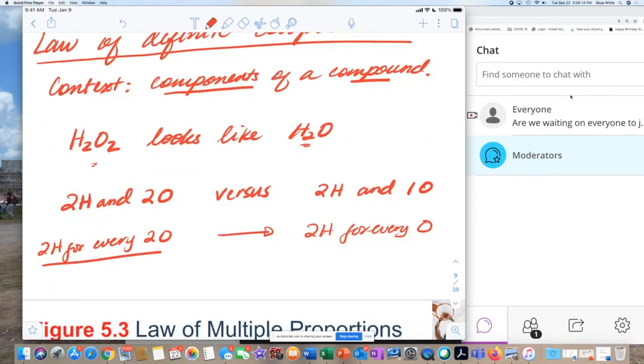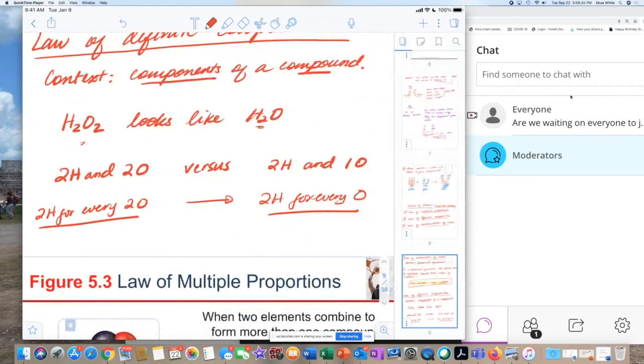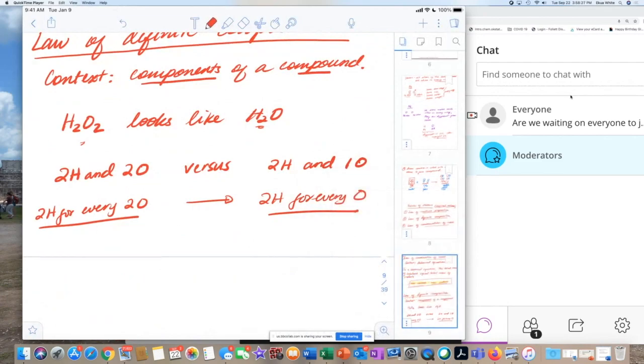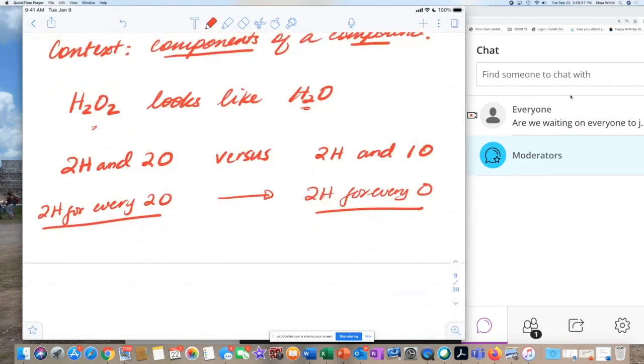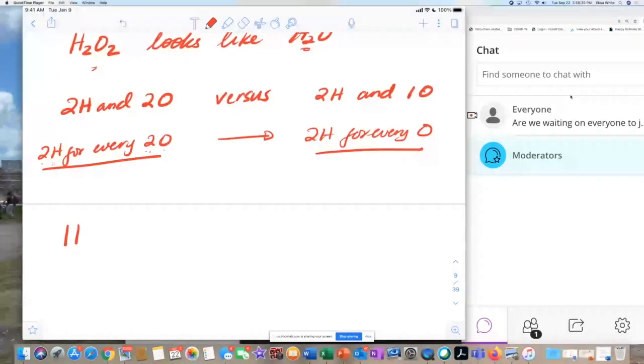So based on this, we can tell these are different. And then we're told later on, if you look at the masses also tell you these are different. Let me show you here how you can tell. You can figure out the mass of hydrogen and compare it with the mass of oxygen in the formula of H2O2.